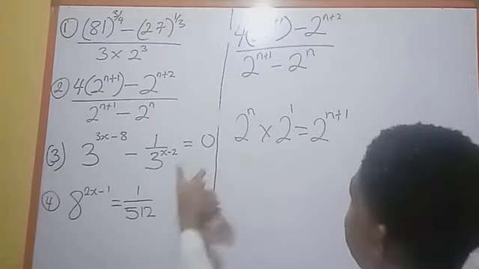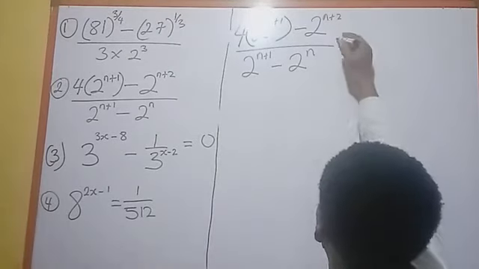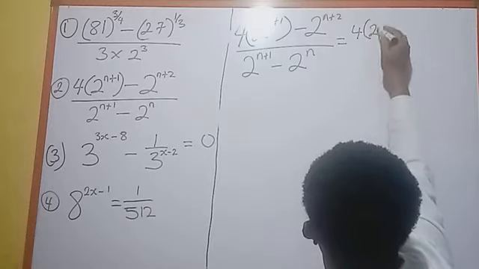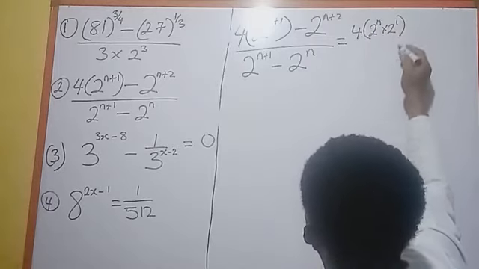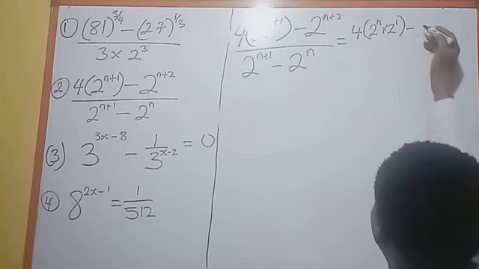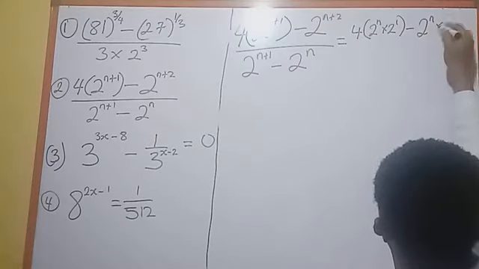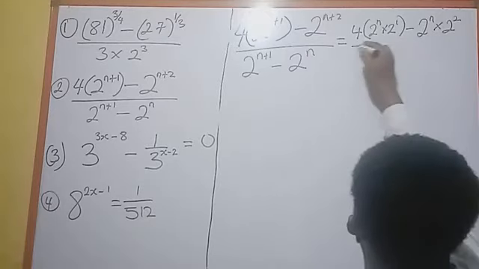So you can go back to where you are coming from. Go back to expand. So if you go back there, we have brackets: 2 raised to the power n times 2 raised to the power 1, close the bracket, minus 2 raised to the power n times 2 raised to the power 2. You have expanded.